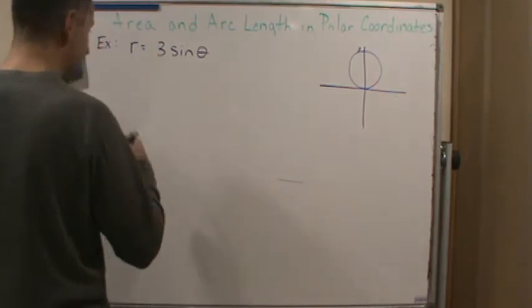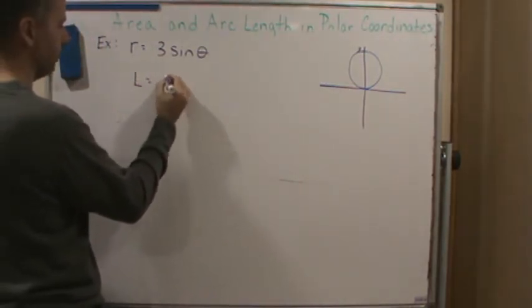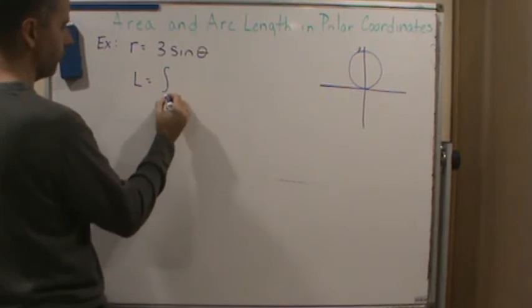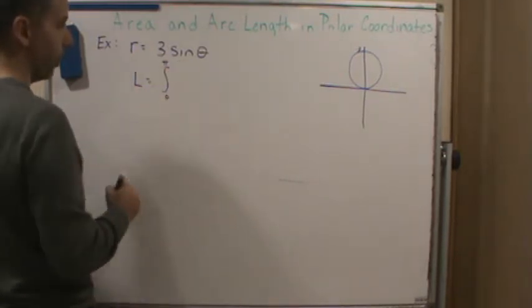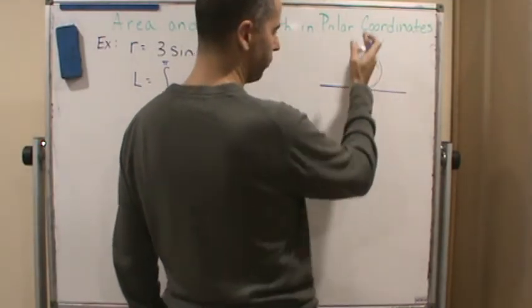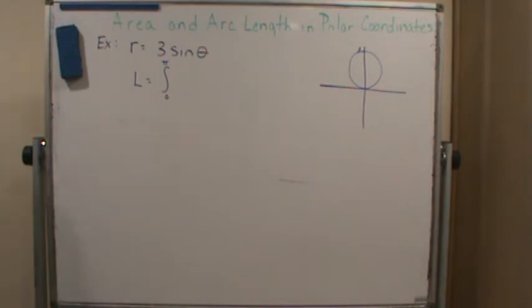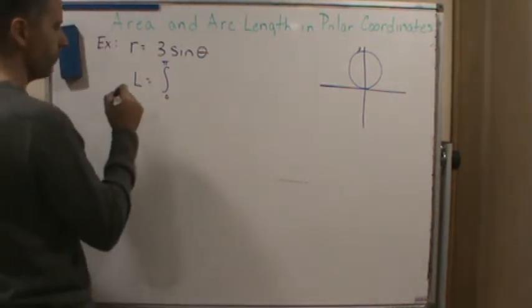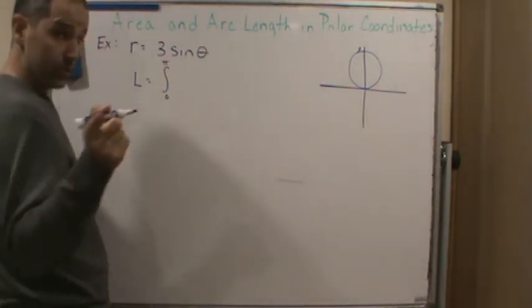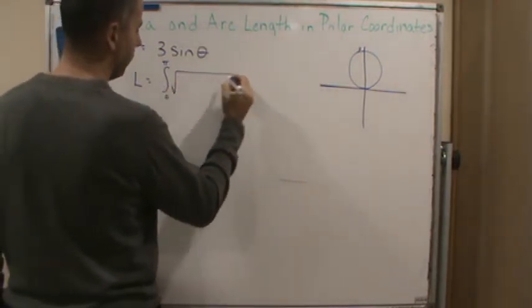So now that we've got that, we know the arc length is going to be the integral from 0 to pi. By the way, notice that this is symmetric with respect to the line theta equals pi over 2. We might use that. So this is going to be the square root of what?